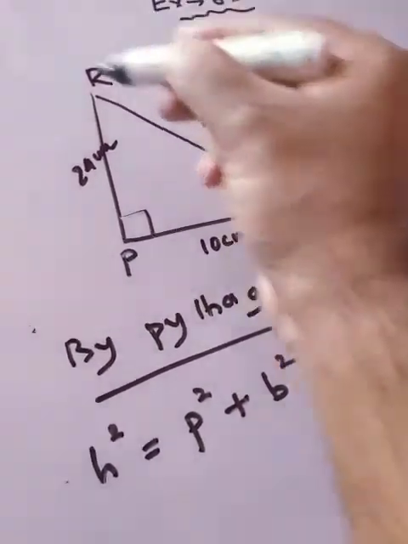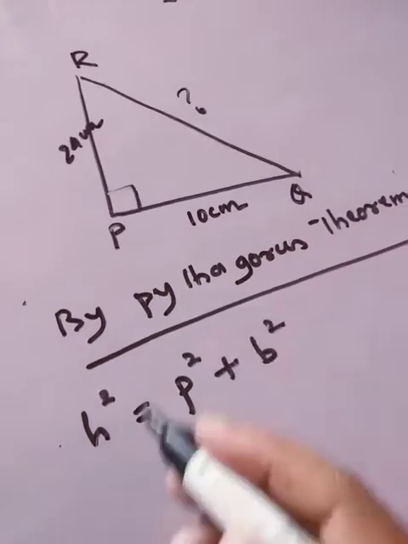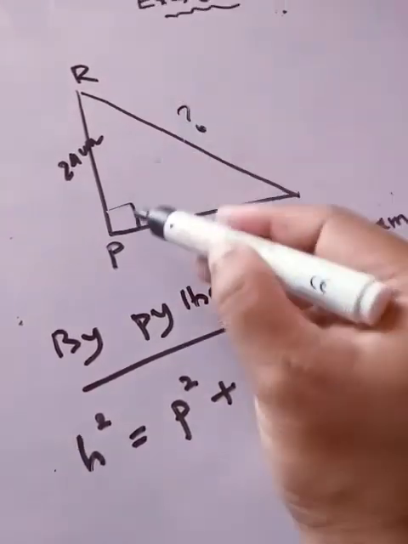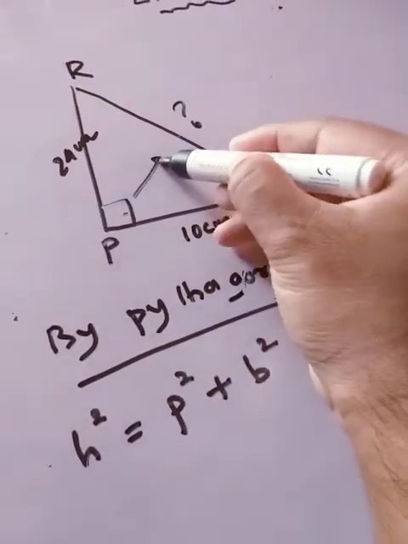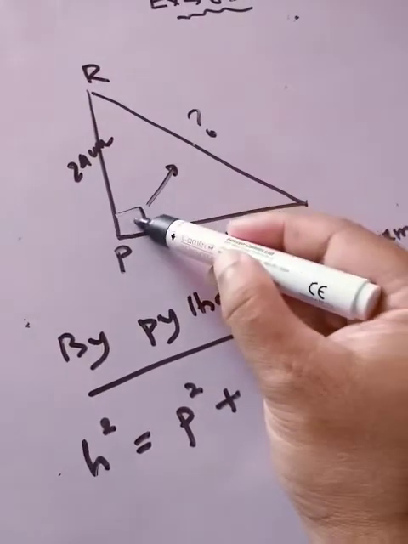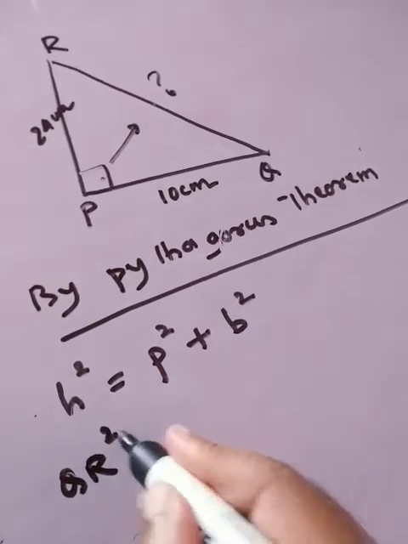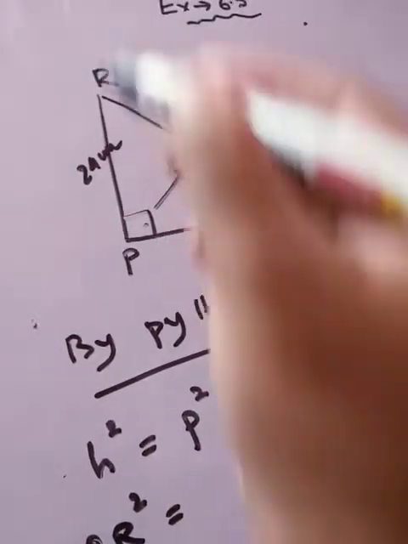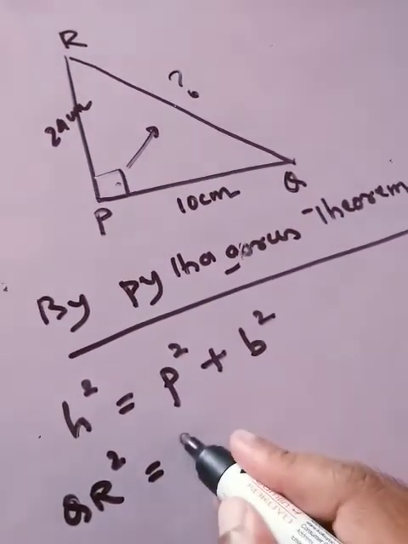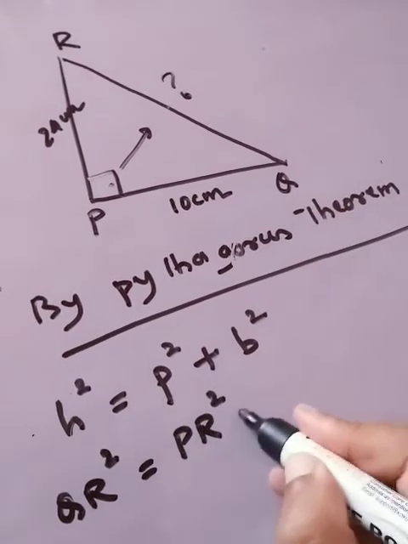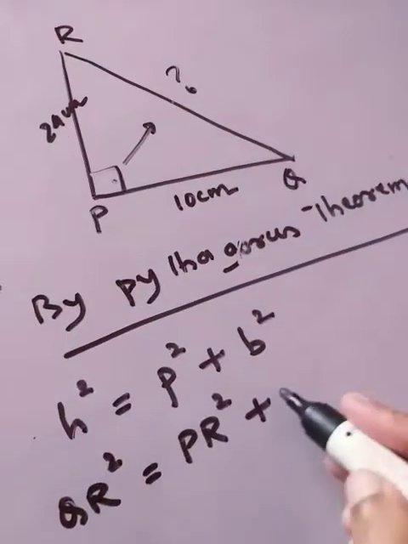What is h? It is the longest side, that is QR. Opposite to 90 degree is always h. Always remember, the hypotenuse is always opposite to 90 degree. So QR square. What is P? The vertical line, that is PR. And the base is PQ.